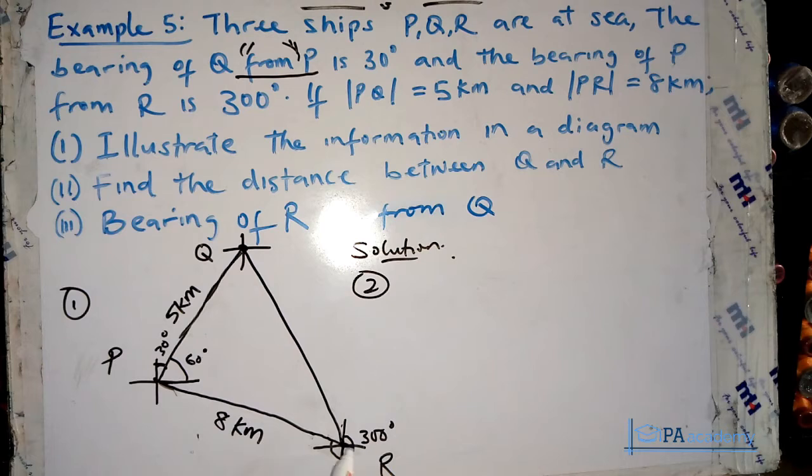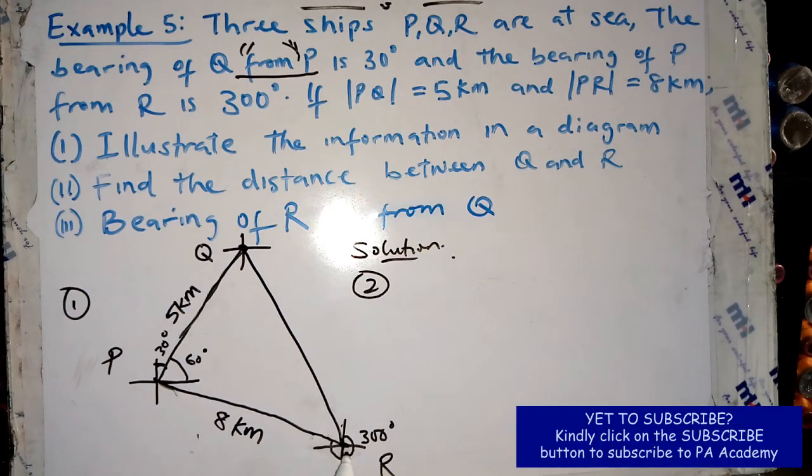Now look at point R. Point R is on a bearing of 300 degrees. If you look at these 3 quadrants, it's 270. What we added to make it 300 was 30. That means this little angle we are seeing here is 30 degrees.